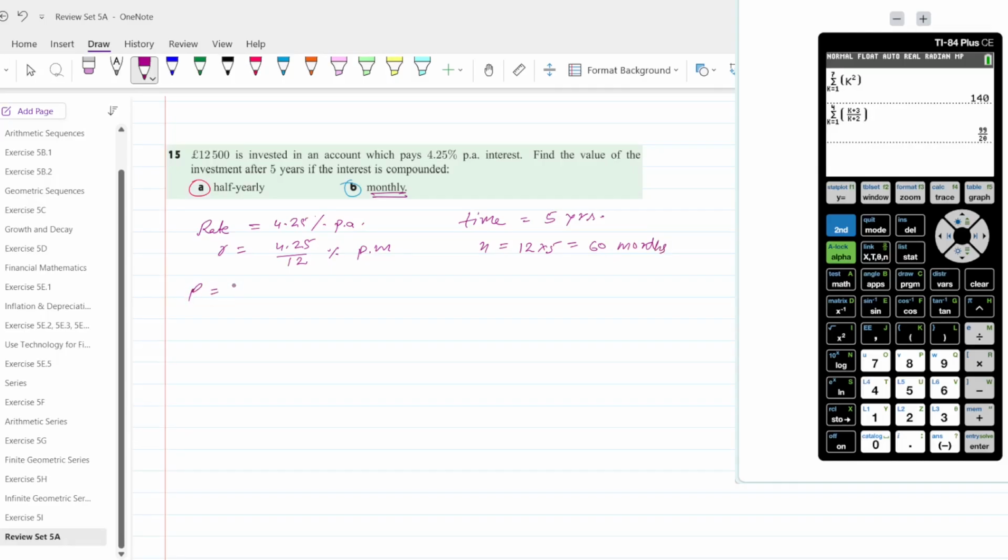Now principal is 12,500. So amount is going to be P times (1 + R/100) raised to the power n. So 12,500 times (1 + 4.25 divided by 12 times 100) raised to the power 60.